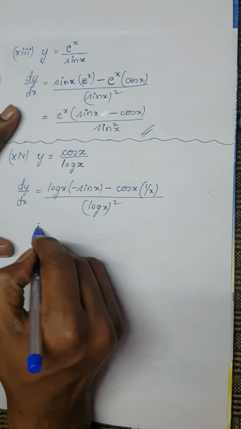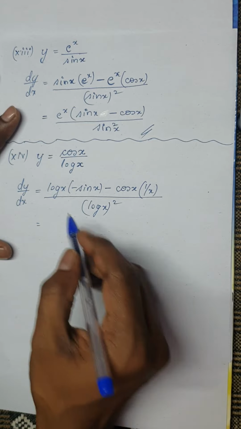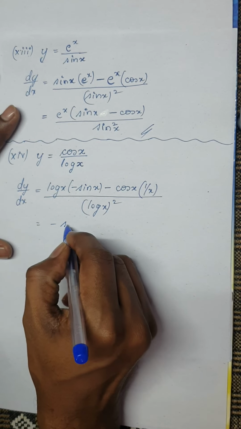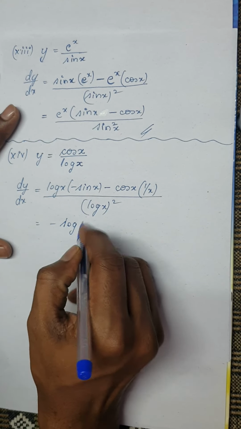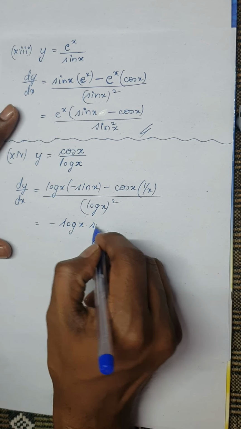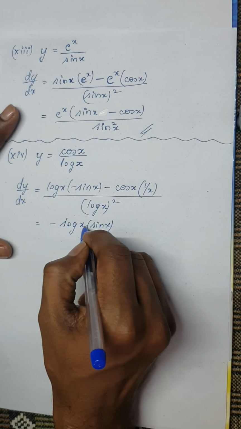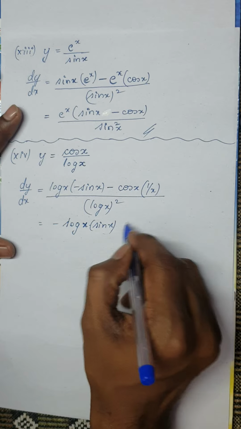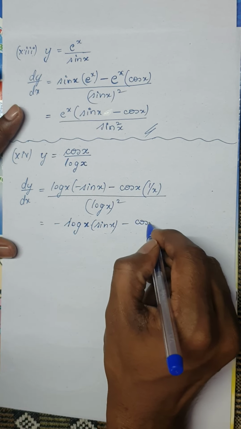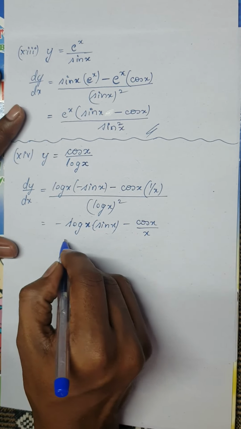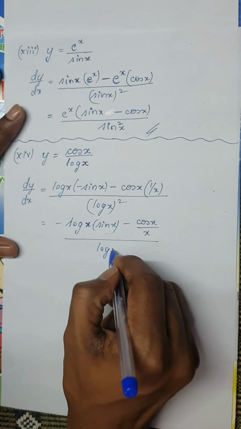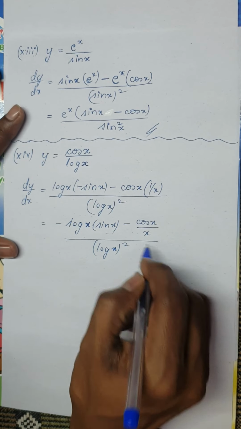So this is nothing but minus log x into sin x. Remember, this is not log of sin x, this is log x into sin x, minus cos x by x, whole divided by log x whole square.